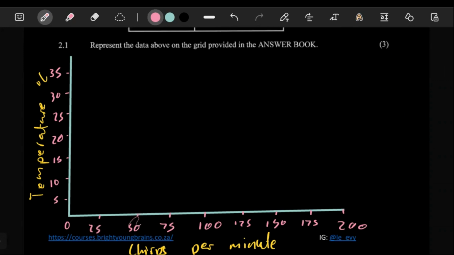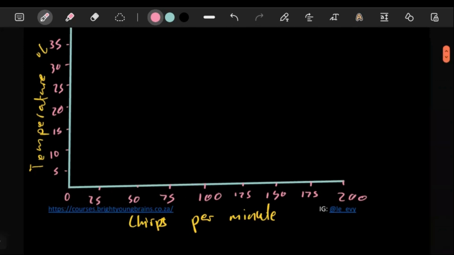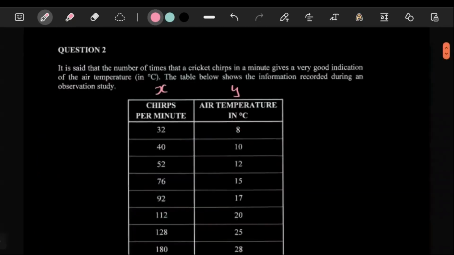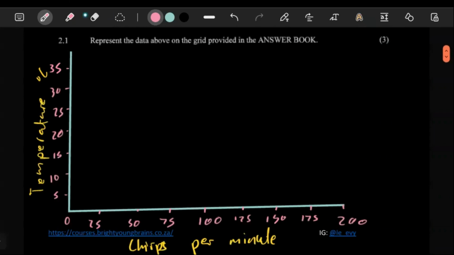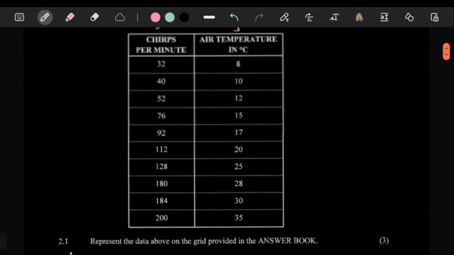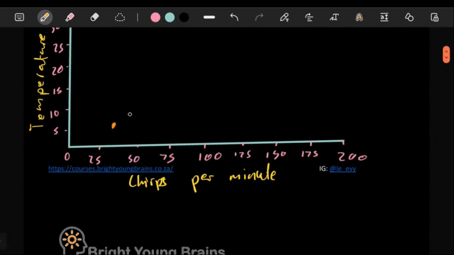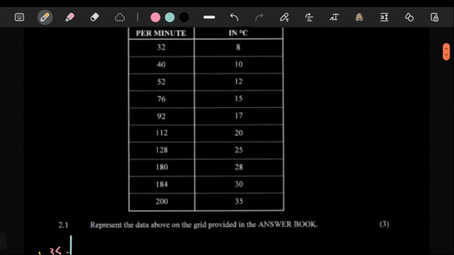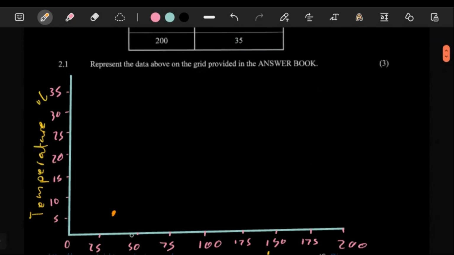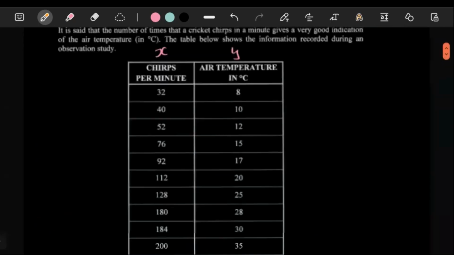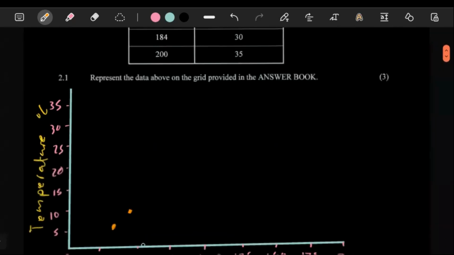Between 25 and 50, I'll just make estimates. 32 will be somewhere there, 8 will be there. 40 and 10. 52 and 12: 52 will be somewhere there, and 12 will be below 15.